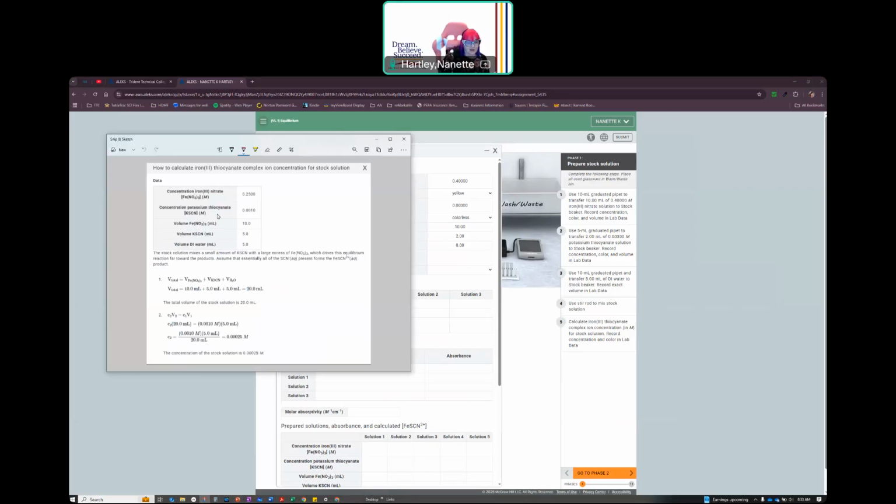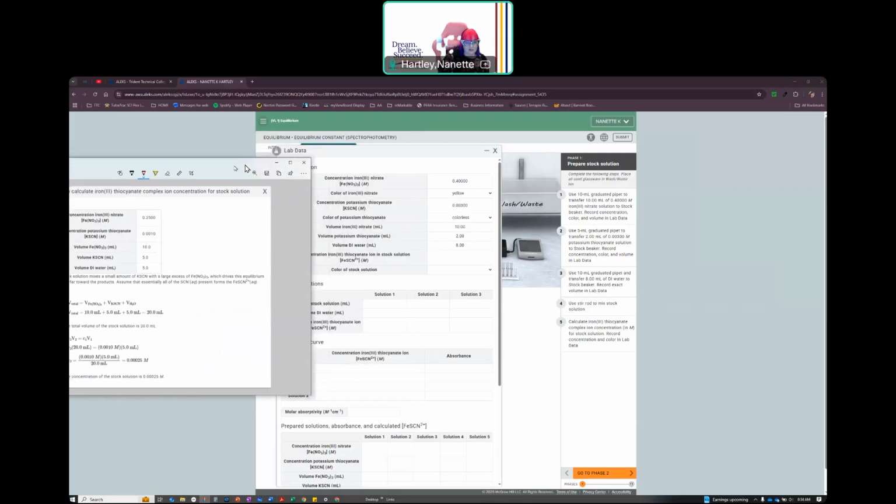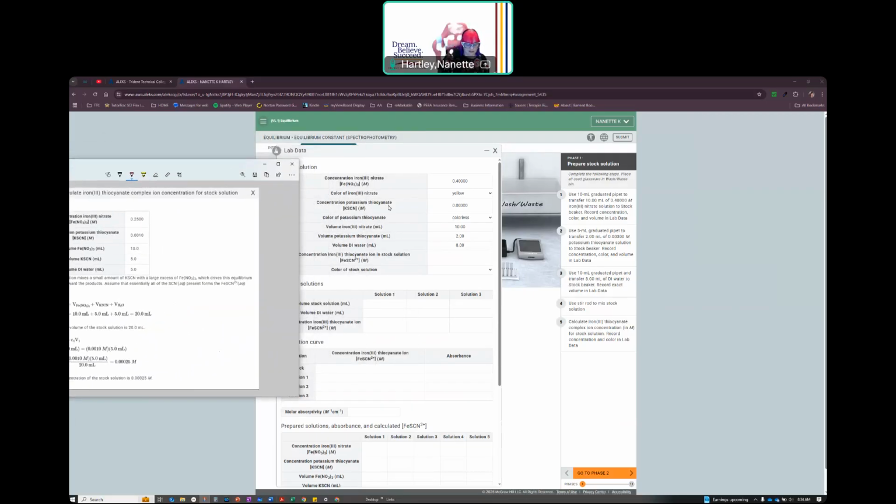So what they're saying is that the concentration of potassium thiocyanate is what determines how much product you make. So we actually need to be looking at the information about the thiocyanate to do this. My thiocyanate data, the molarity of that, is 0.00300 molar, and the volume of that I used was 2.00 milliliters.